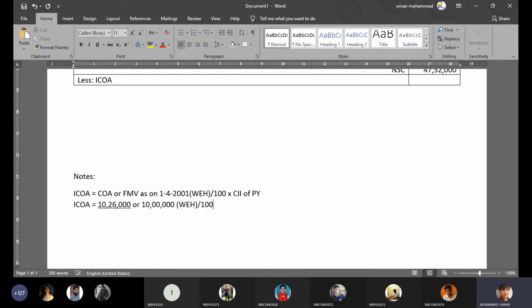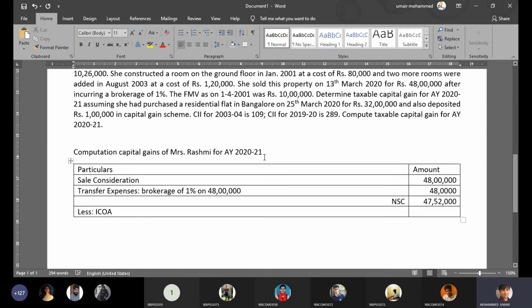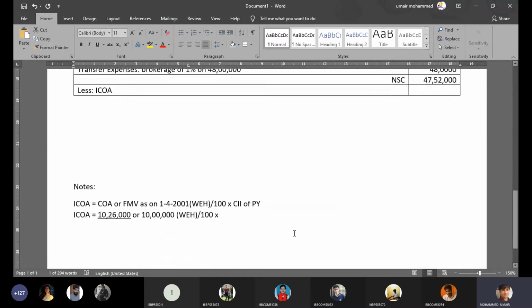Divided by 100 into CII of previous year. If assessment year is 2021, previous year will be 19-20 and the CII of previous year is 289. So let's write down the CII.